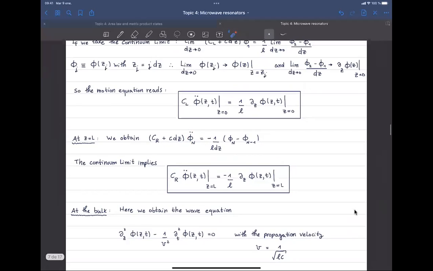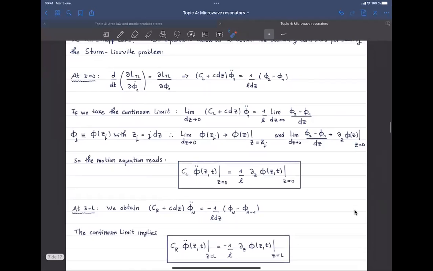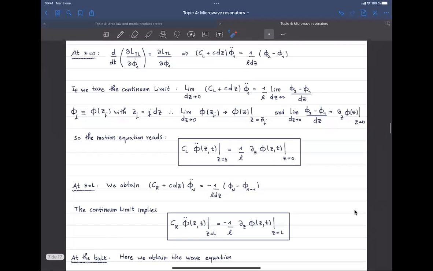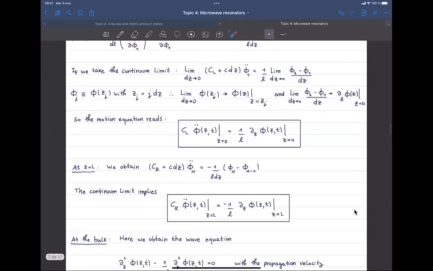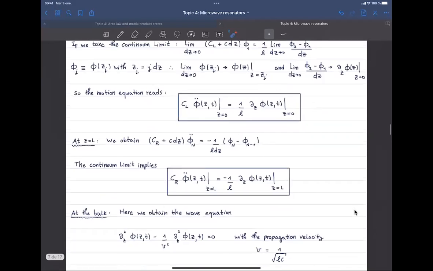But this is nothing but the fact that this flux node is in a larger position as compared with this one. In the discrete version there appears a minus sign that appears here in the continuum when we go to the continuum limit. So those are the two equations for the boundary conditions.